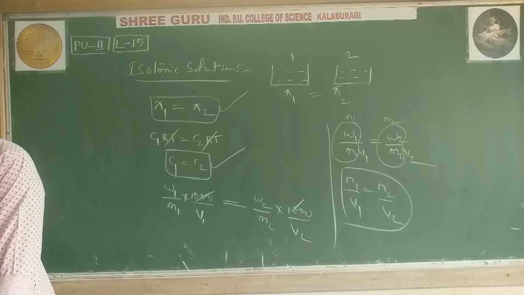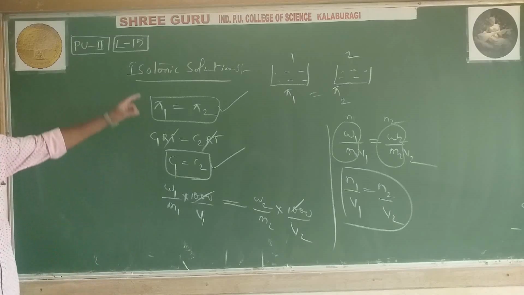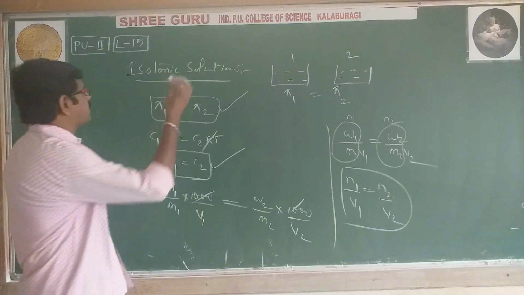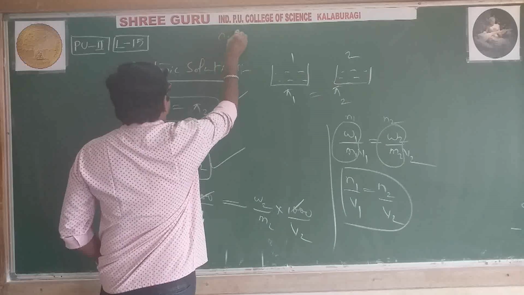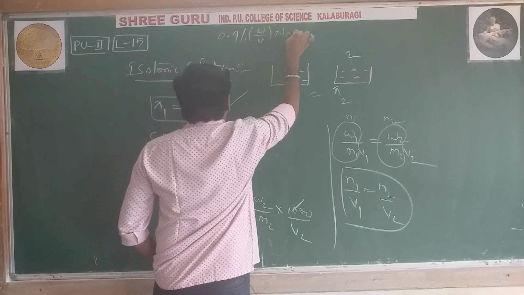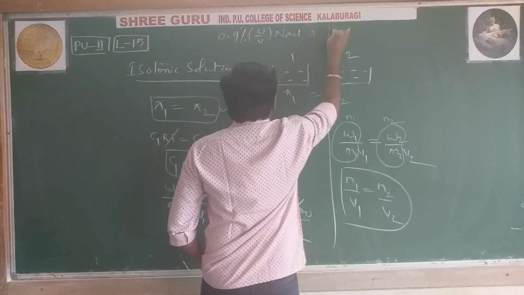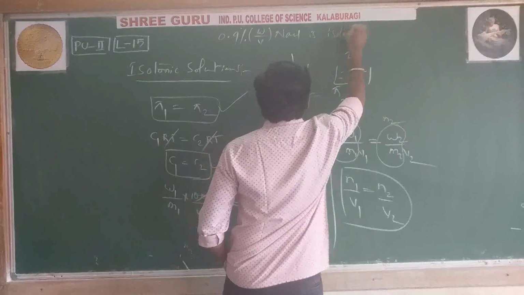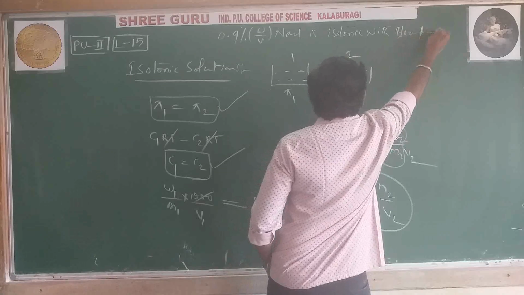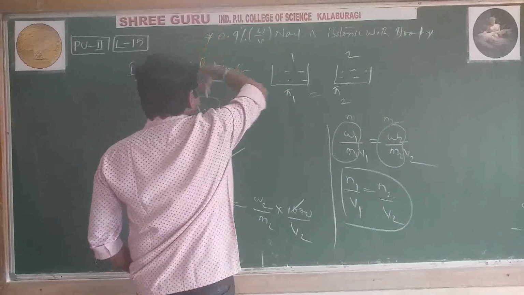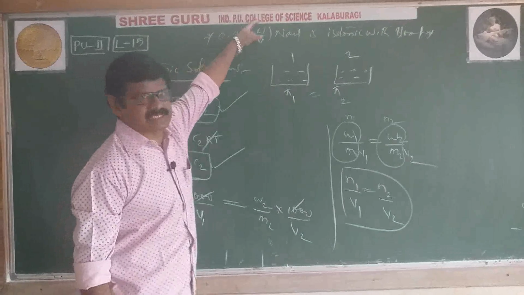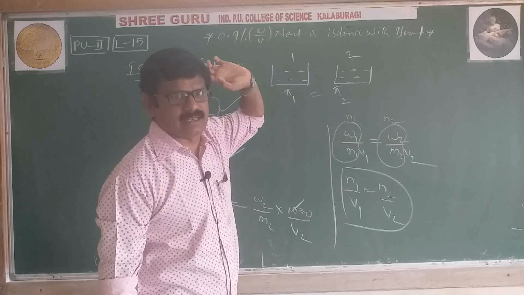Then the best example for an isotonic solution is 0.9% mass by volume NaCl, which is isotonic with blood. This is an important point. Human blood is isotonic with 0.9% W by V of NaCl.